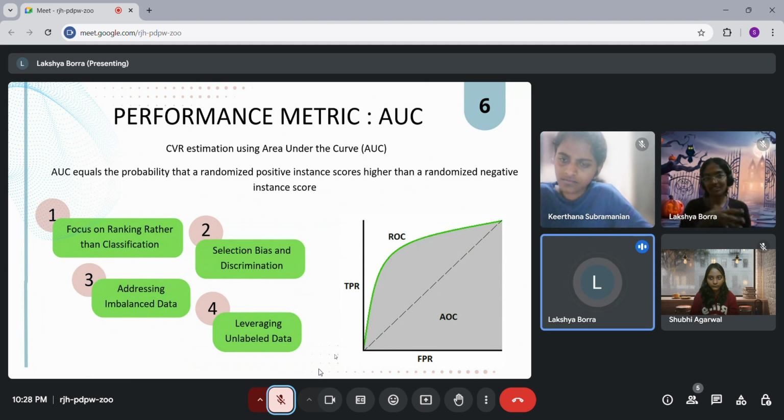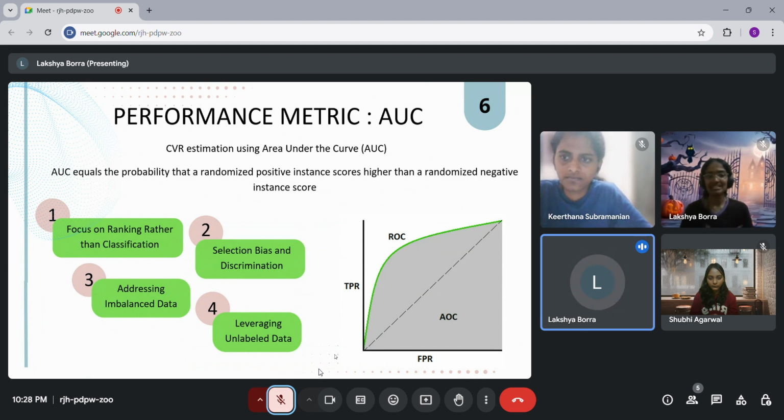If we use those in our case, it will end up saying whether the user will click on that ad or not. But that is not actually our problem. We need to rank all the items that the user might visit. So in our case, ranking is better than classification. So AUC helps us focus on ranking rather than classification.